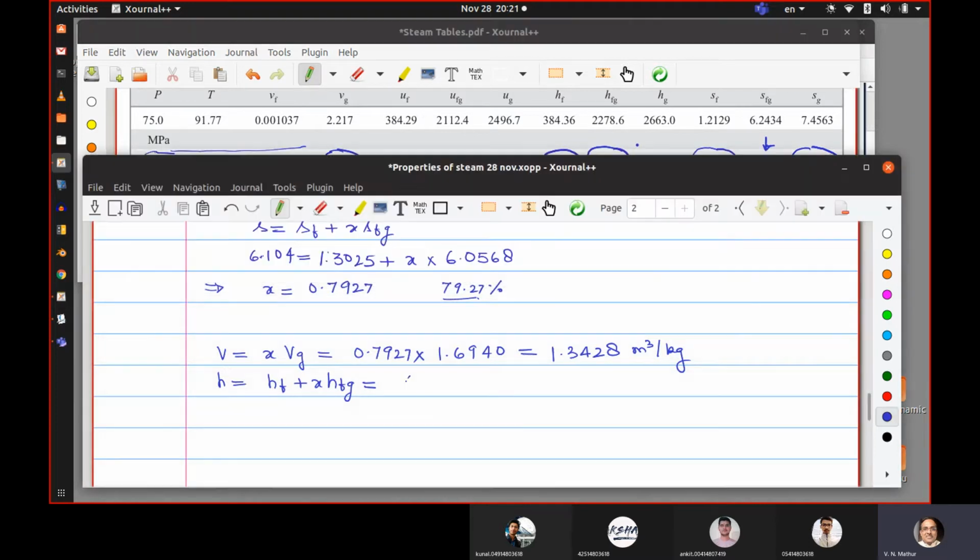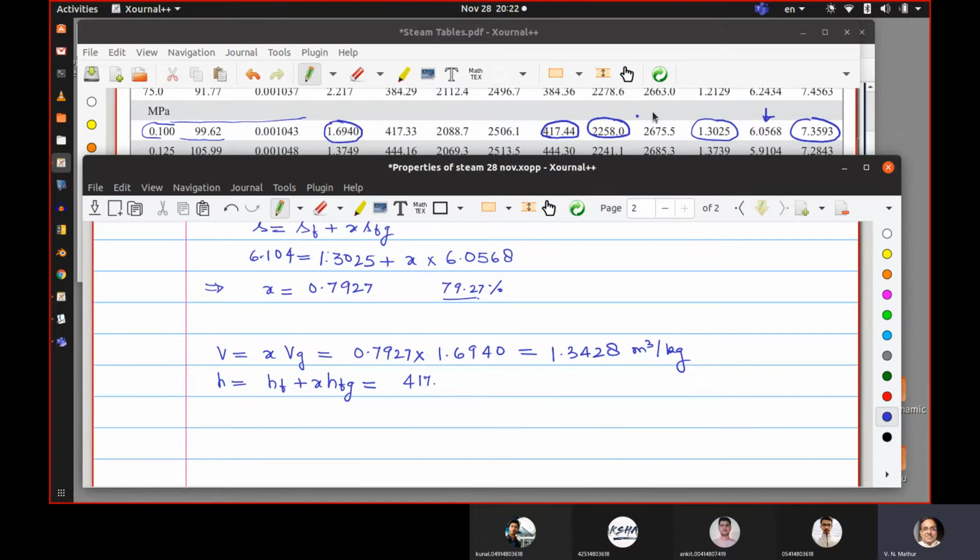So this is equal to 417.44 plus X, which is 0.7927, multiplied by 2258.